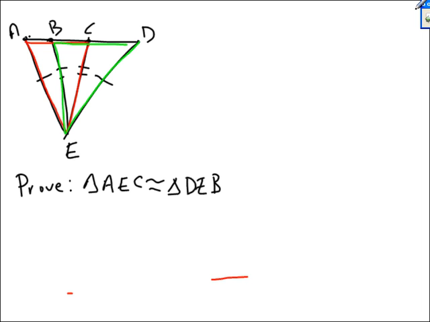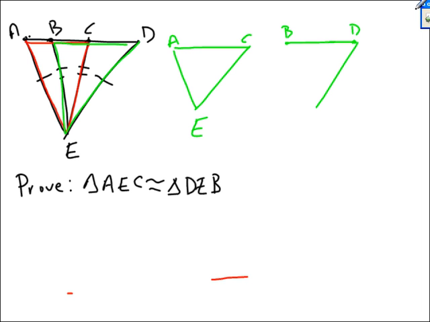In fact, maybe we'll separate them. You have ACE, and you have BDE. B, D, and E. And we know that AE and DE are the same, and we know that BE and CE are the same.